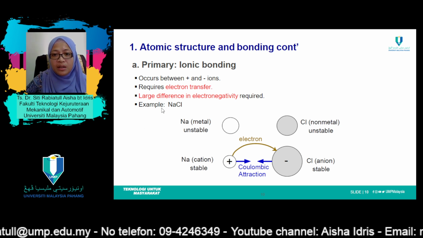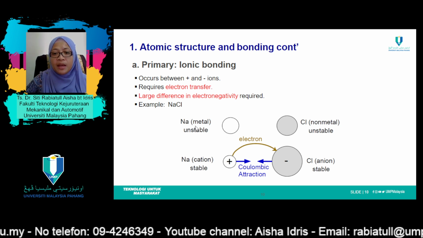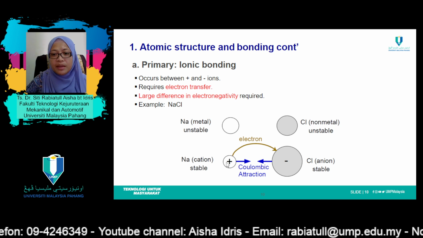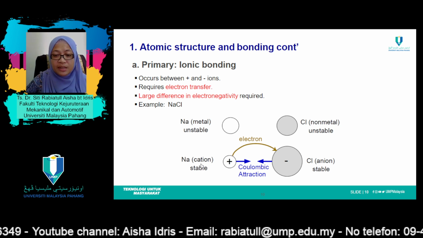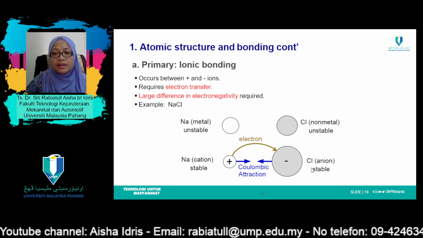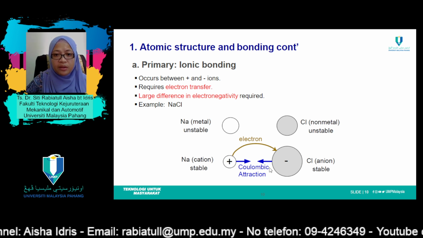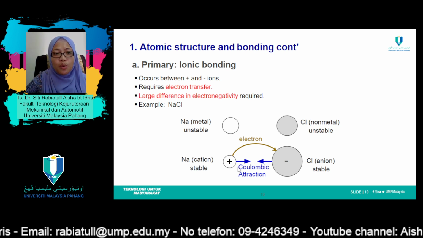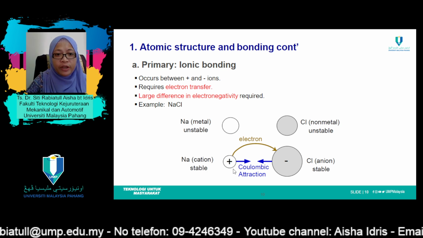For example, if you take sodium chloride here, you see this is sodium and this one is chloride. Sodium is a positive cation, and chloride is an anion, so they will attract each other. This is an ionic bond, a chemical type of bonding.